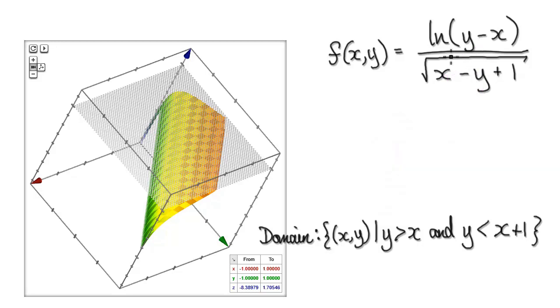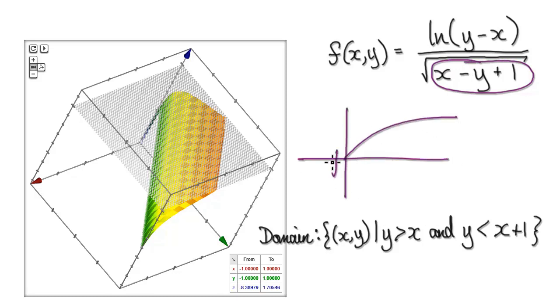But then we need to consider this as well. When will this thing break down? This thing will break down when the denominator equals precisely 0. So this thing cannot be 0, and also we need to demand that, well, the square root graph looks like this. It cannot be negative.